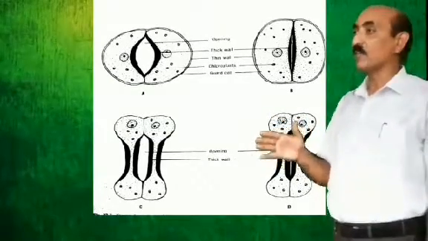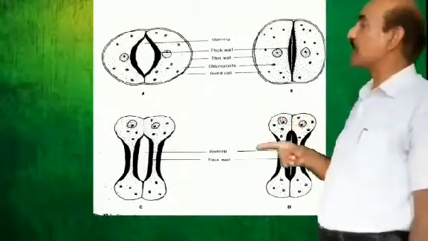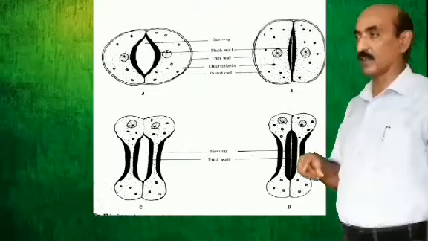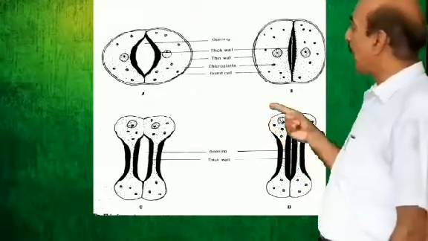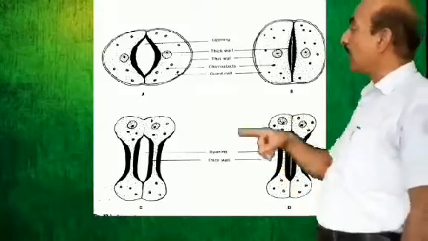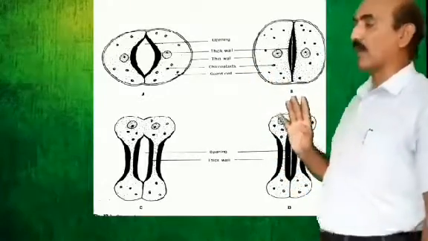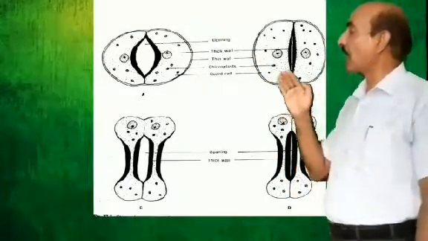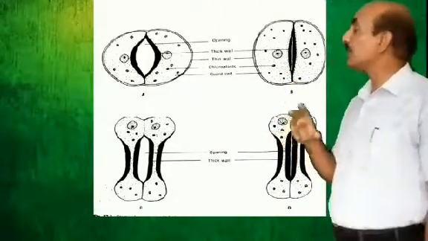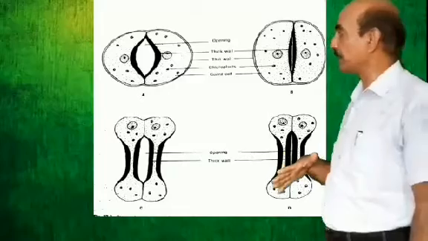In fact, the movement of the stomata depends upon the special structure of the guard cell. As you are observing, the guard cell has a thicker inner wall and a thinner outer wall. This thickness in the inner wall of the guard cell helps in stomatal movement.